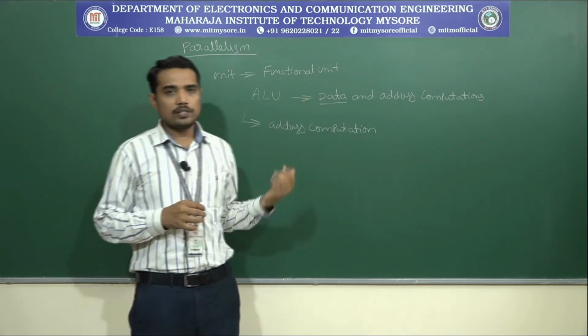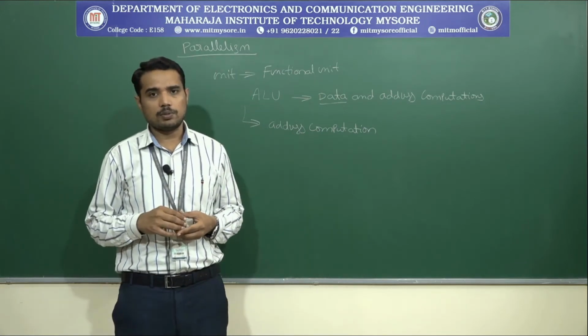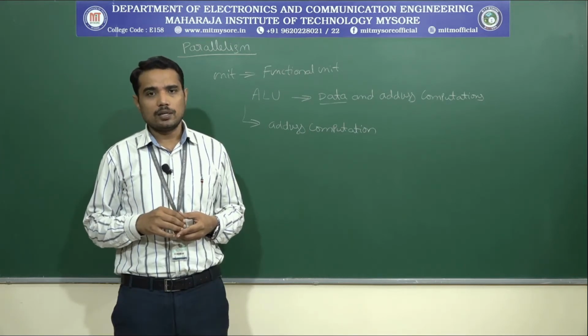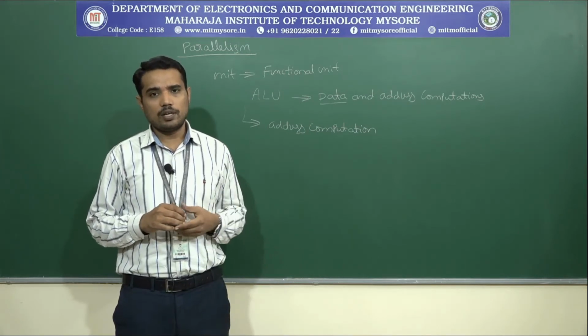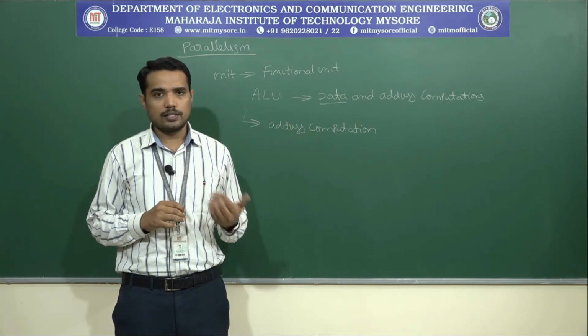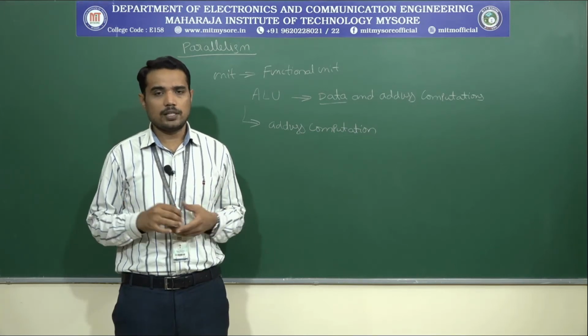Likewise, in earlier cases, we have already discussed the provision of multiple memories and multiple buses. Why are we required to have multiple memories and multiple buses? For the sake of enhancing the speed of operation. How is the speed enhanced there?